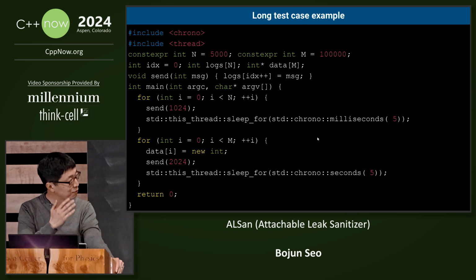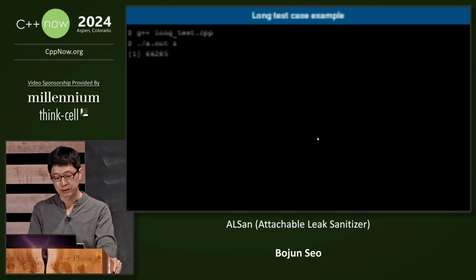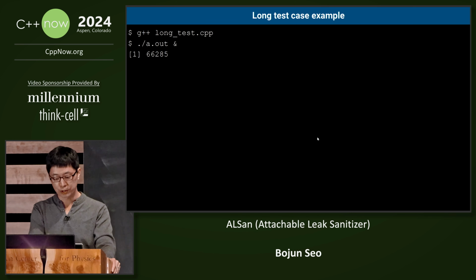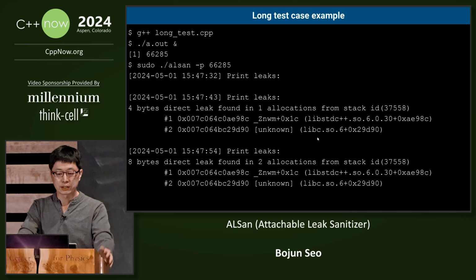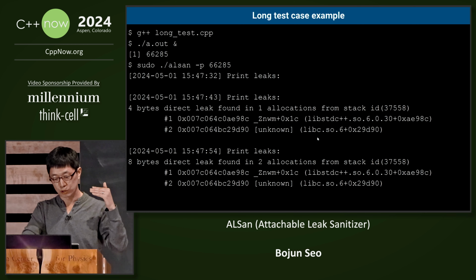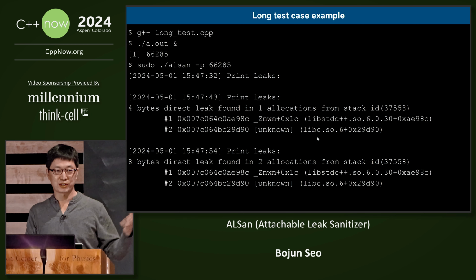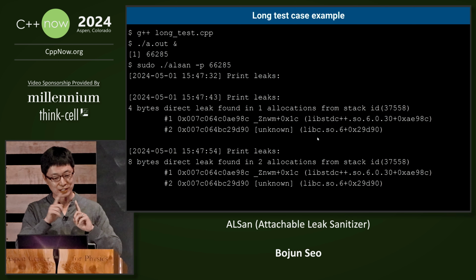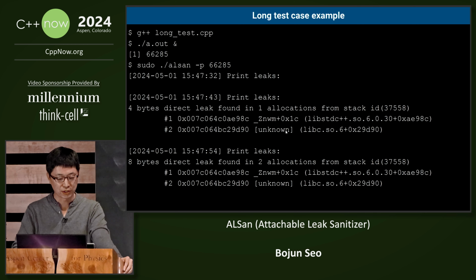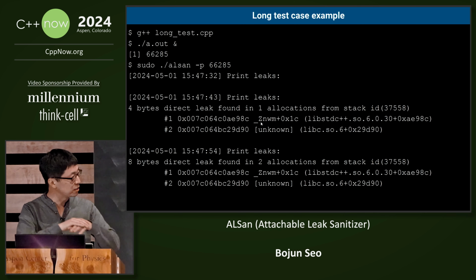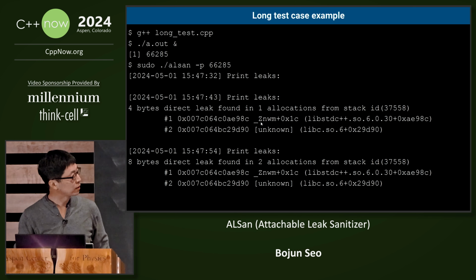It could take a very long time for the original Sanitizer, but you can use the attachable Sanitizer, just compile it and run it, and long times later you can attach it and get this kind of correct backtrace. I didn't apply the buzz disappeared patch here, so it's just unknown, and there should be main, but it's disappeared, and that is the mangled name of operator new.